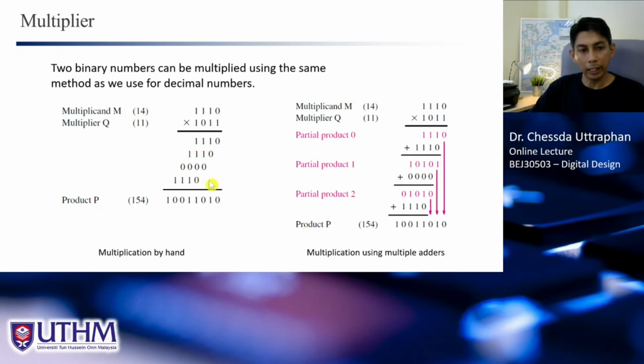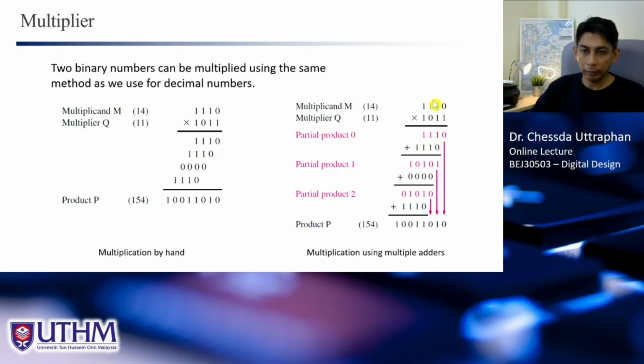Remember, our adder only has 2 inputs. We can only add 2 numbers at a time. So in hardware, we need to modify a little bit. From this, we try to modify so that we can get something like this, where we multiply the first one with this one, we get this one, and we call it partial product 0.